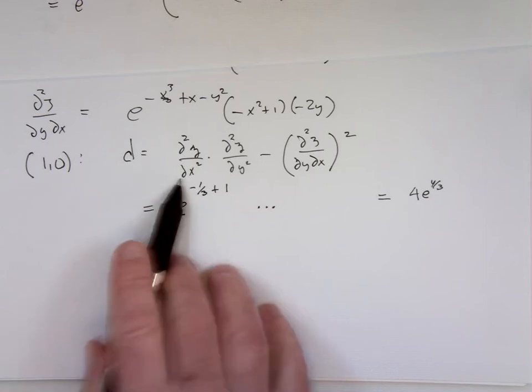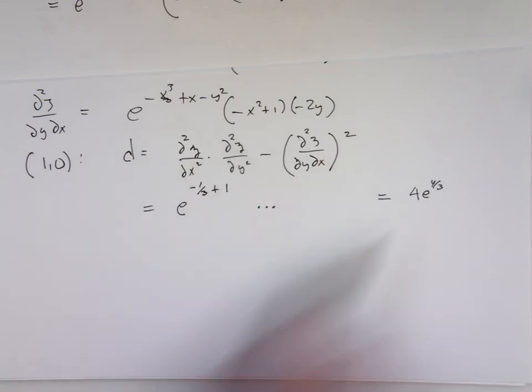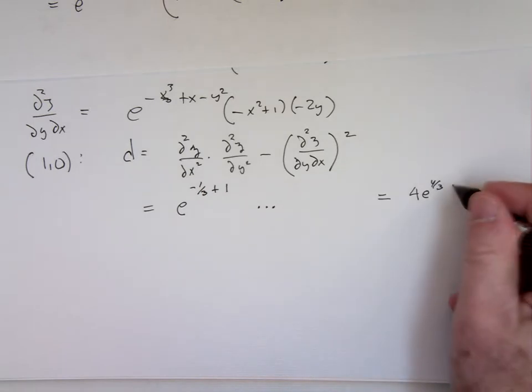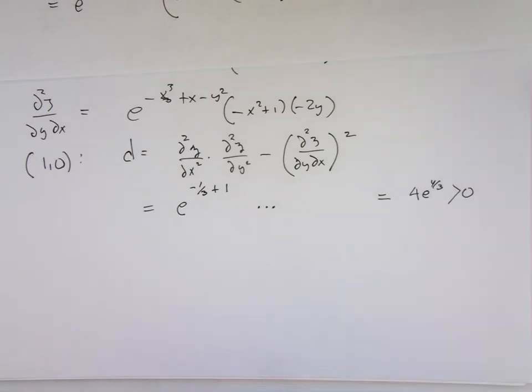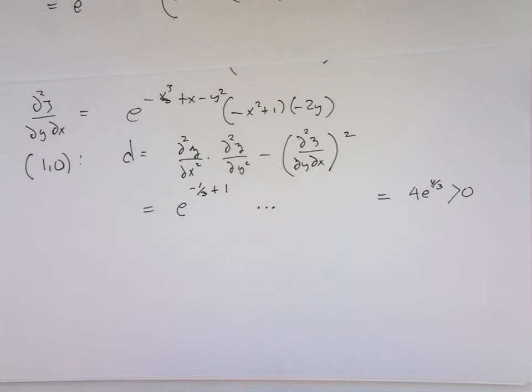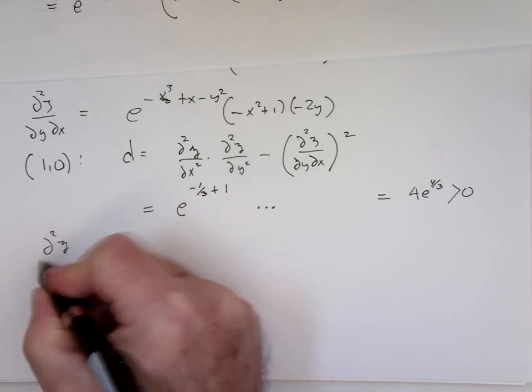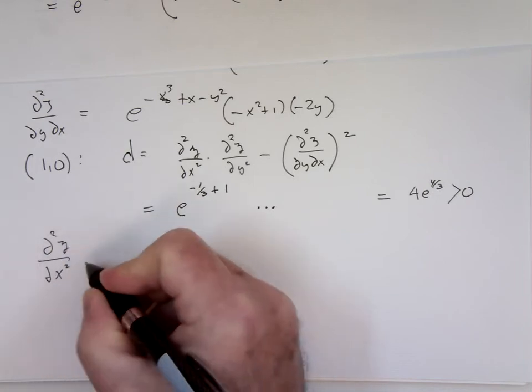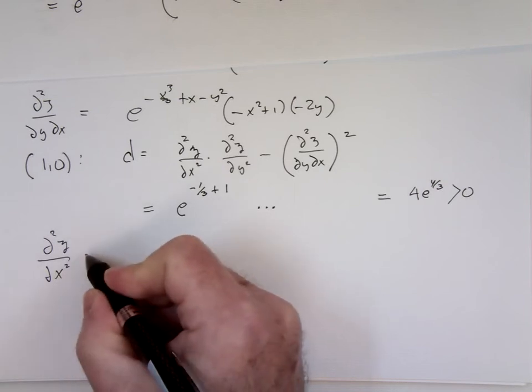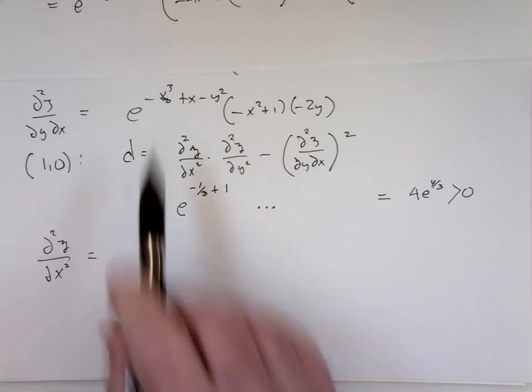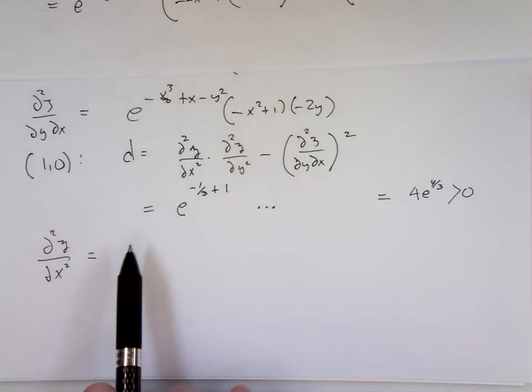You substitute them in, evaluate it, you get D is 4e to the 4/3, which is greater than 0, which is good. And now what we do to see if we have a relative max or min is to check the second partial with respect to x at this point.